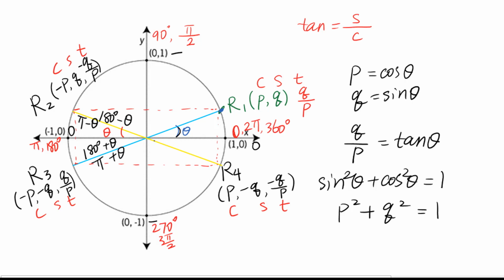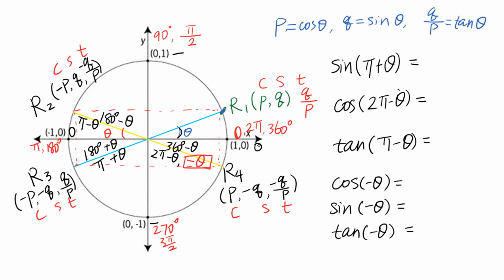For R4, you can write down 360 degree minus theta or 2 pi minus theta, or we can write down negative theta. Negative theta for R4. This is very important.